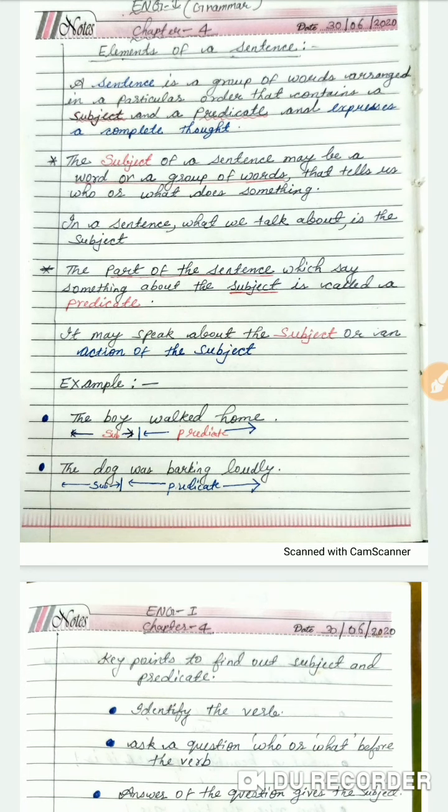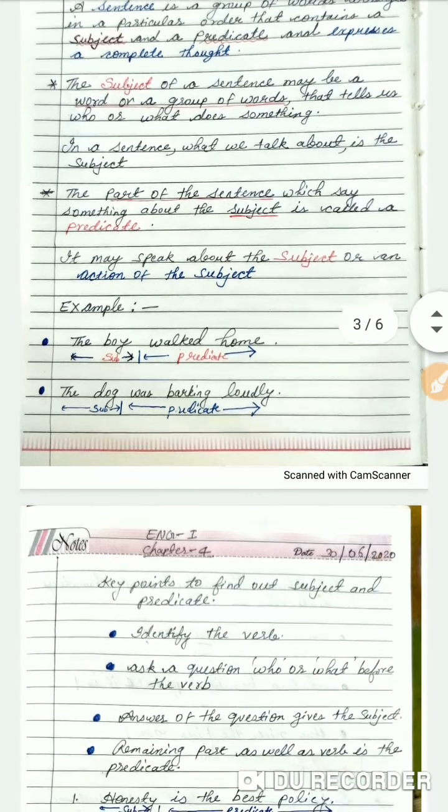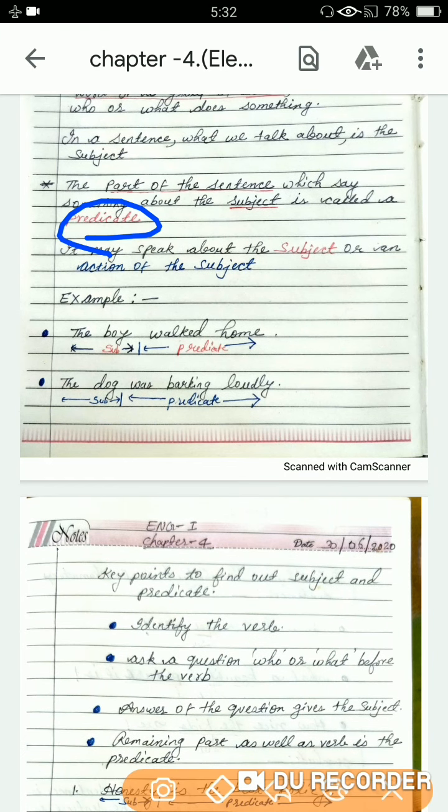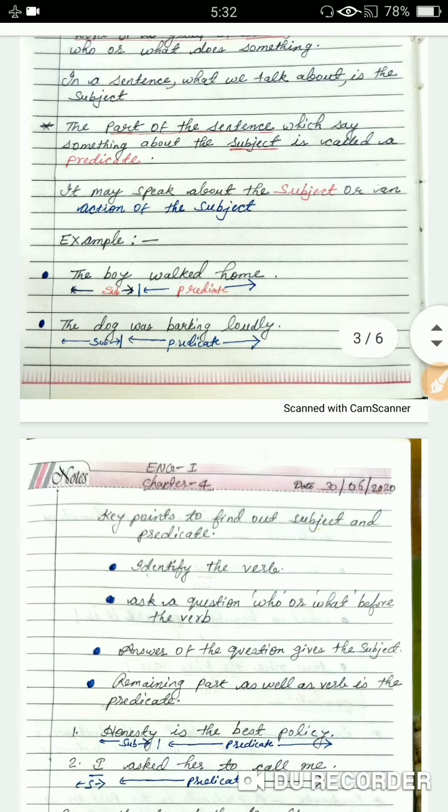In a sentence, what we talk about is the subject, and the part of a sentence which says something about the subject, meaning what our subject is doing, is given in the predicate. It must speak about the subject or an action of the subject, which means the predicate will contain the verb and what is done by the subject.